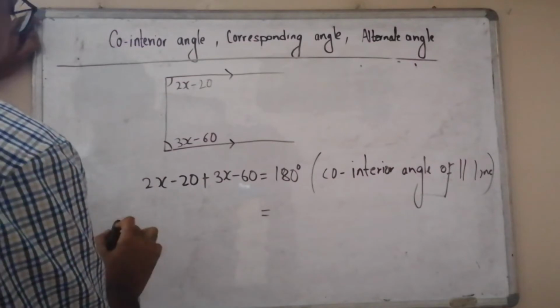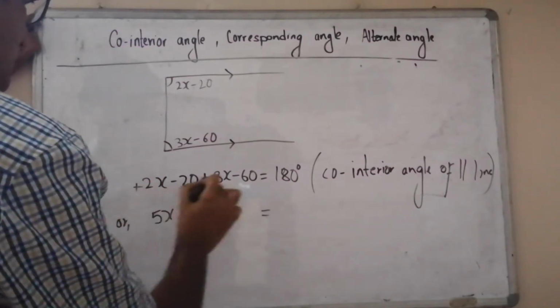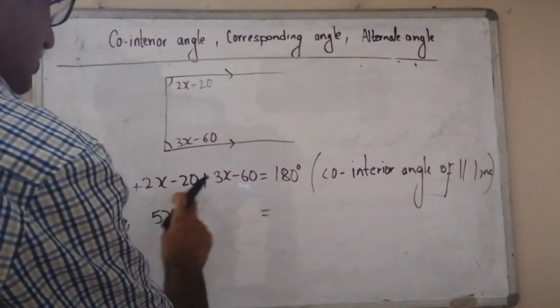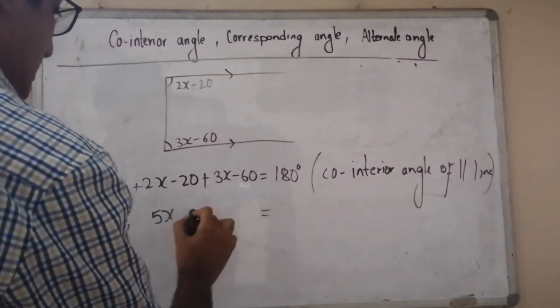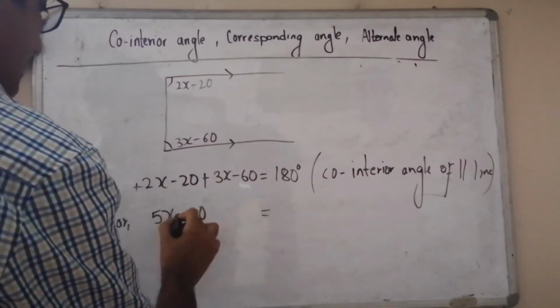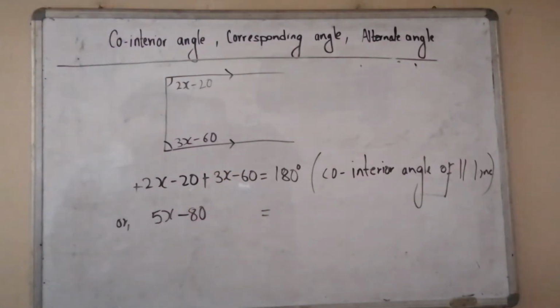2x plus 3x become 5x because these two numbers are positive here. And these two numbers are negative, so we can add these two as well. 60 plus 20 is 80, but the sign must be negative because both are negative.